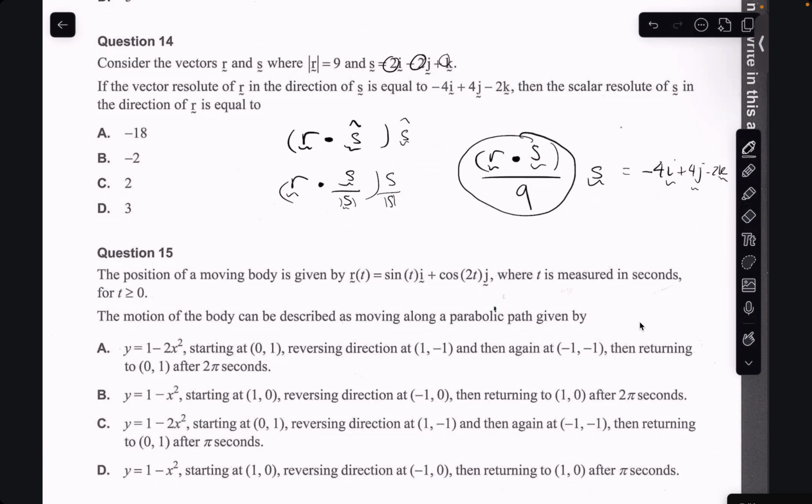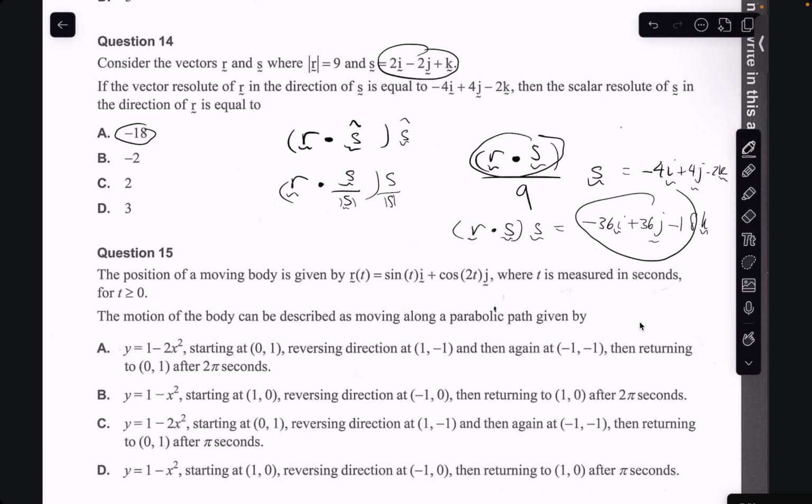So this is just a constant. So yeah, we just want that. So we don't want that anymore, and we can divide by. So we just need to figure out what they told us s, and what number do we multiply to get this? Well, it looks like negative 18, so negative 18 would make that negative 36 plus 36 minus 18. Yeah.